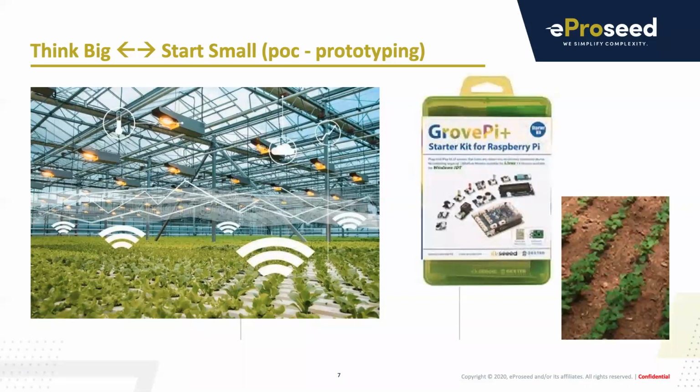So what we added to that for the prototyping is just a very simple GrovePi kit that we took sensors from and implemented those sensors in a small mobile solution that can be used in any agricultural environment to sensor all the stuff that we need to monitor. So not in an entire greenhouse, not with a full-blown solution, but just small plots and small carts.